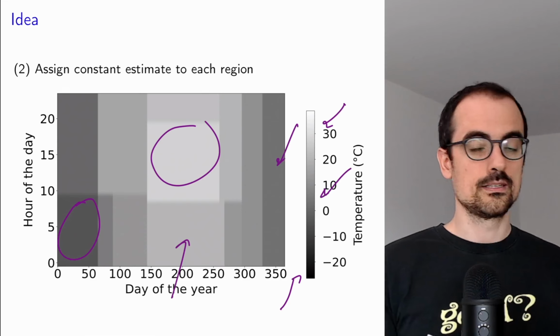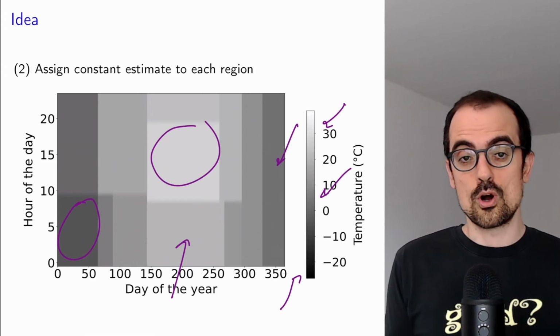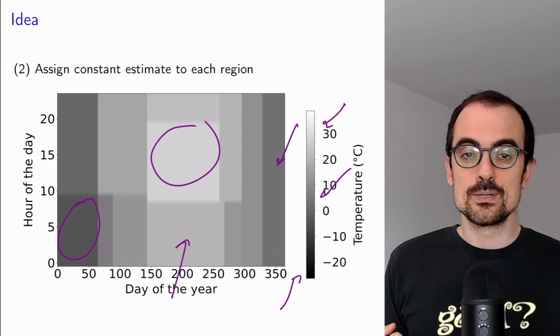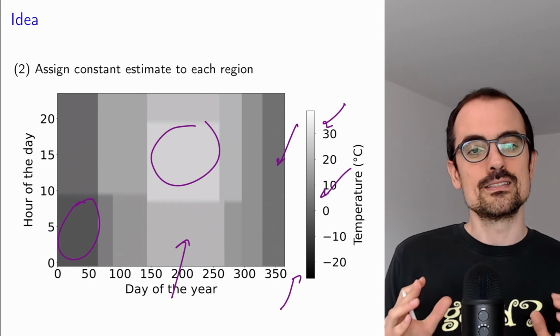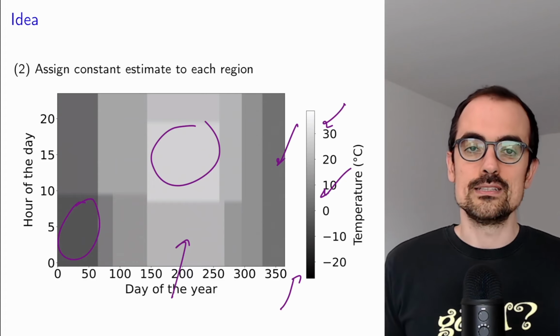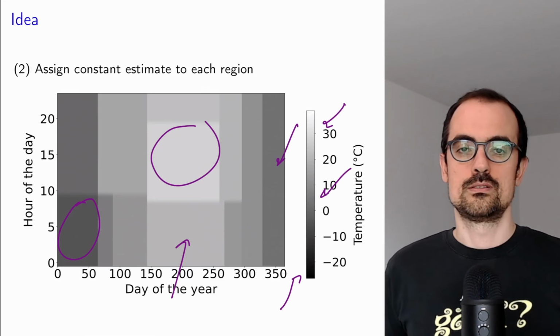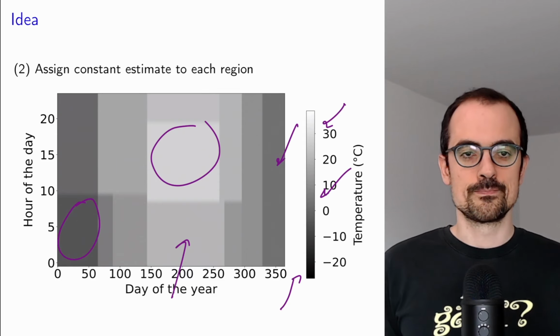At night in the summer, it's warm, but not as warm as during the day, and so on and so forth. This enables us to implement a nonlinear estimator that is not constrained in the same way the linear estimator was, to always have to grow proportionally or decrease proportionally to each of the features.